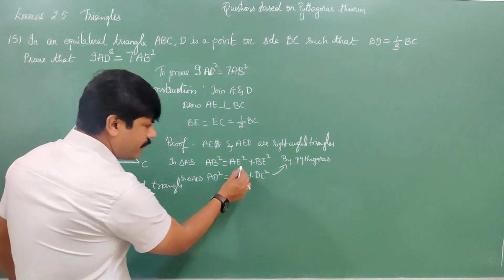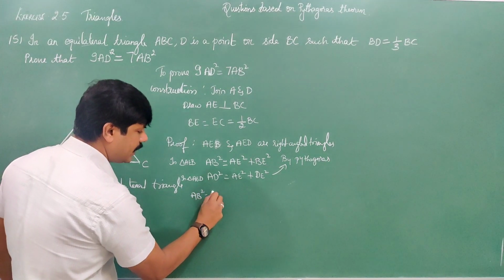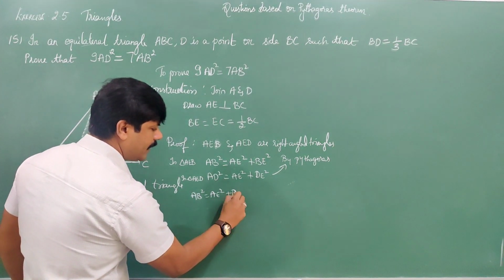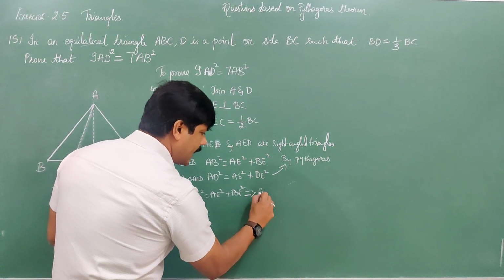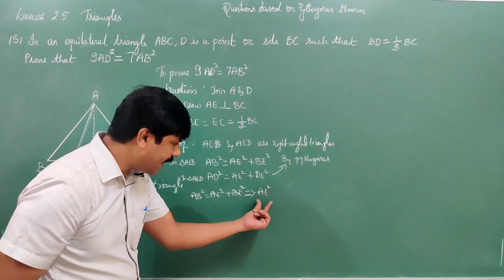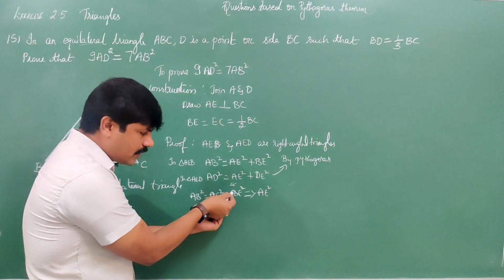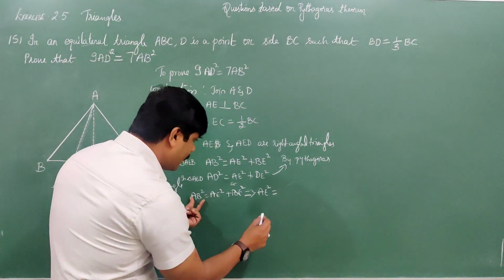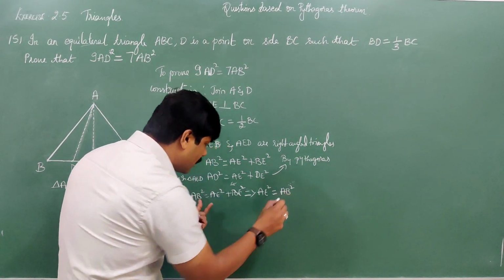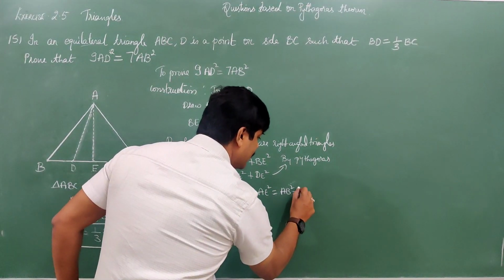That means from AB square is equal to AE square plus BE square, we can change it in terms of AE square. AE square is equal to AB square, transferring BE square to the other side, it becomes minus BE square.